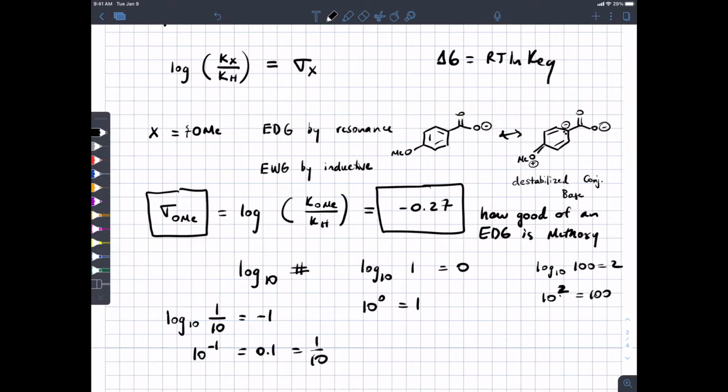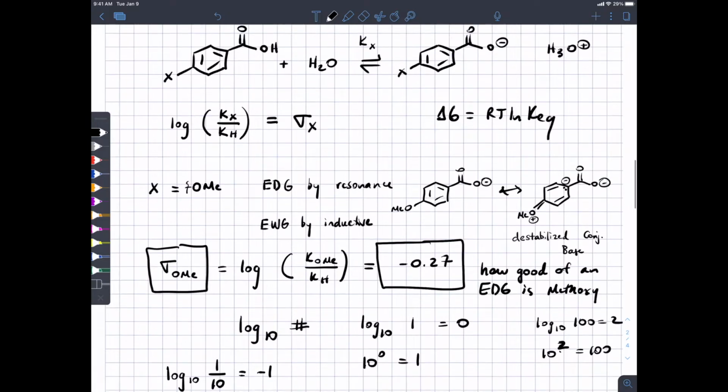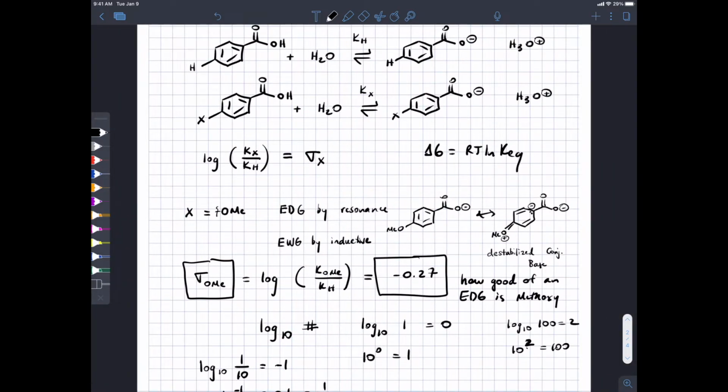Okay, and that's going to be our reference reaction. Since we understand this deprotonation reaction, we expect good electron donating groups to make the equilibrium less favorable. So if we were to test other substituents and they had similarly negative values, we could say this group is similarly good at donating electron density as methoxy.